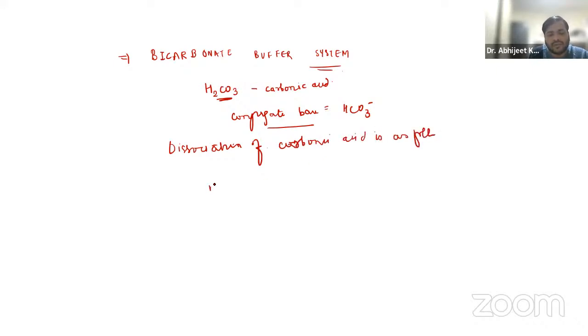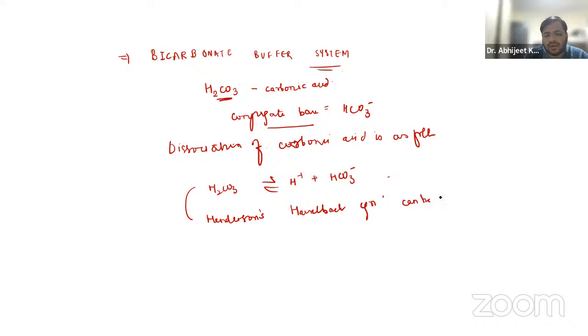You already know H2CO3 will be broken down to H plus and HCO3 minus, right? So that is something you have to remember. Again, in this we can just apply the Henderson-Hasselbalch equation.